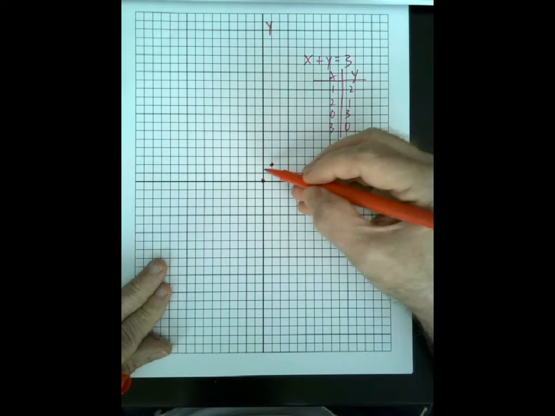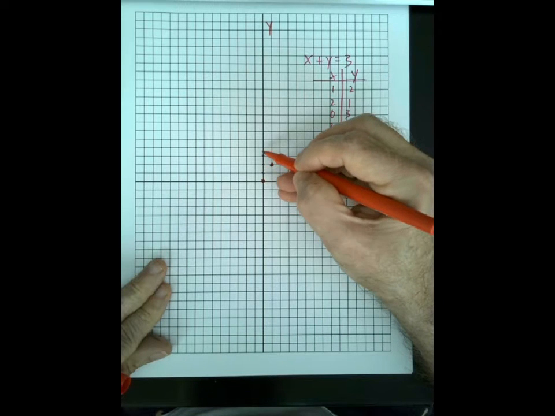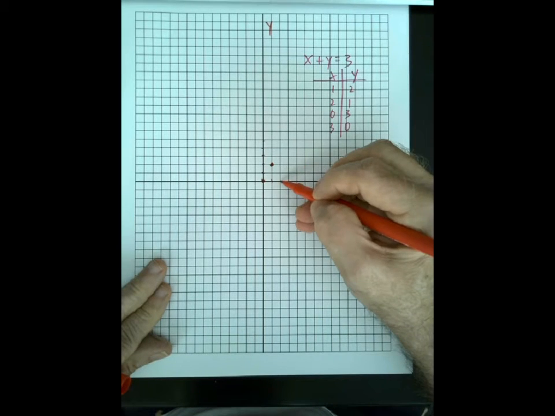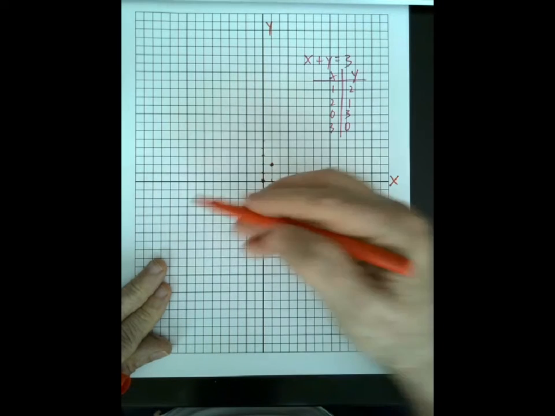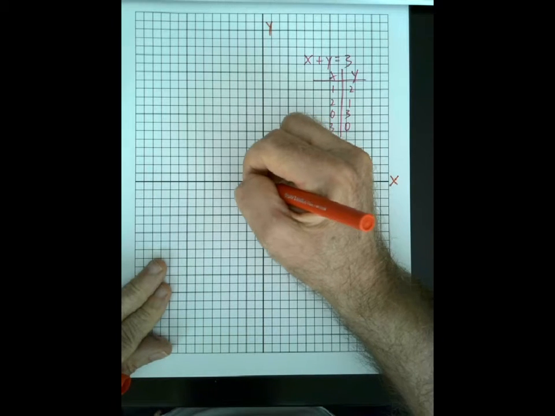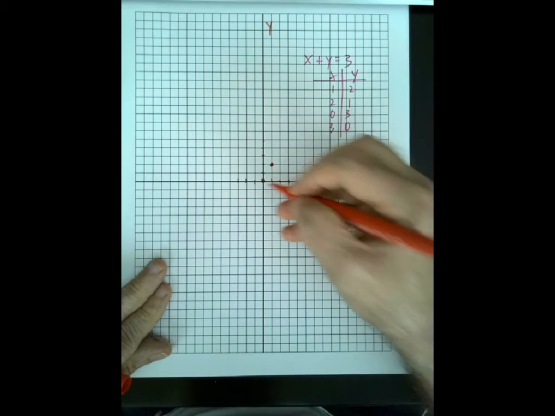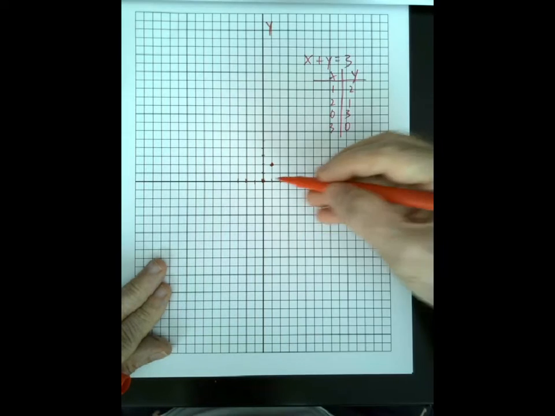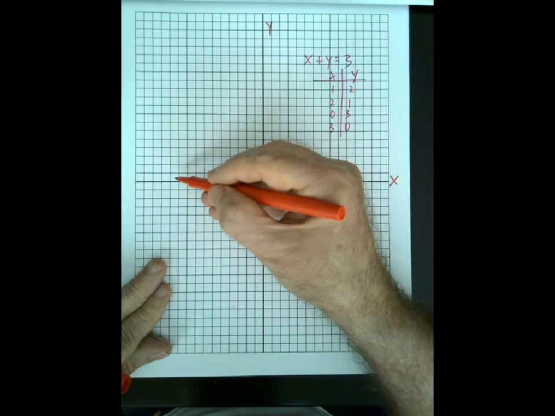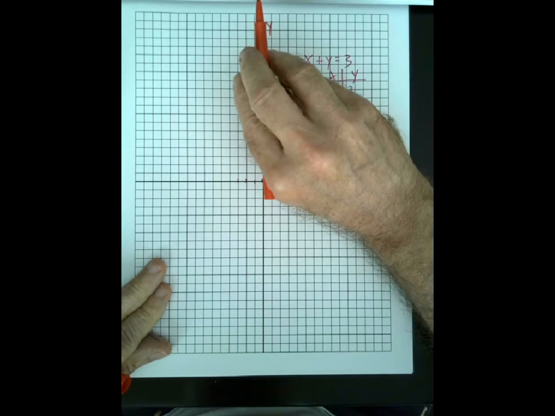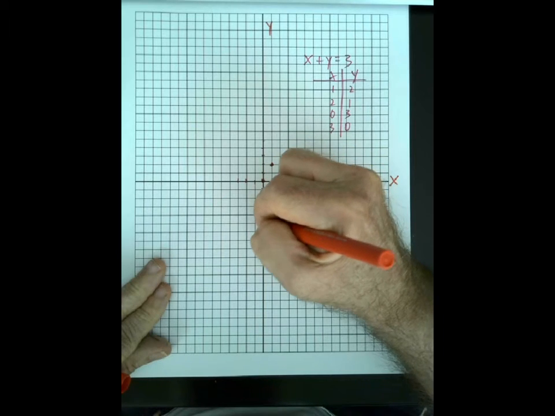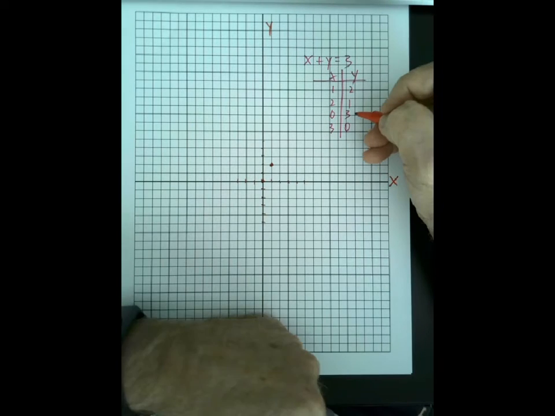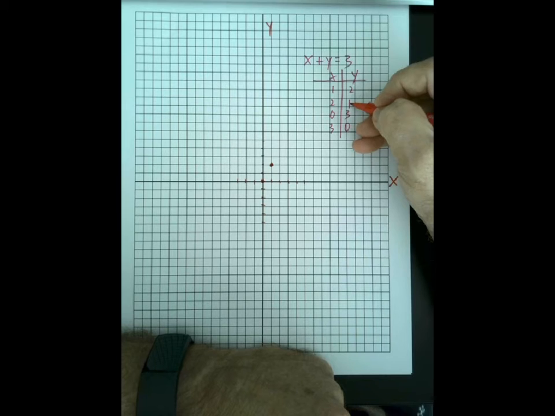These are numbered 1, 2, 3, 4, 5, positive 1 through positive 5. Over here it's negative 1, negative 2, negative 3, and so on. It's positive and negative for the x, positive and negative for the y, right?